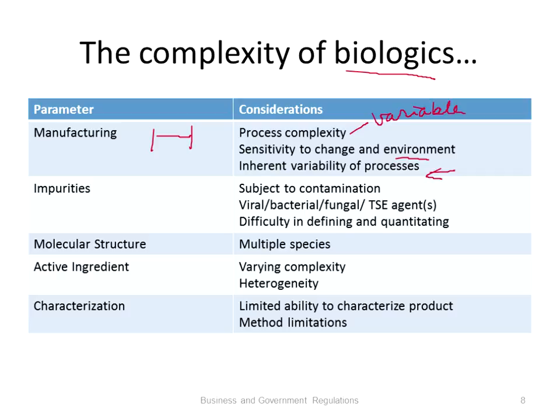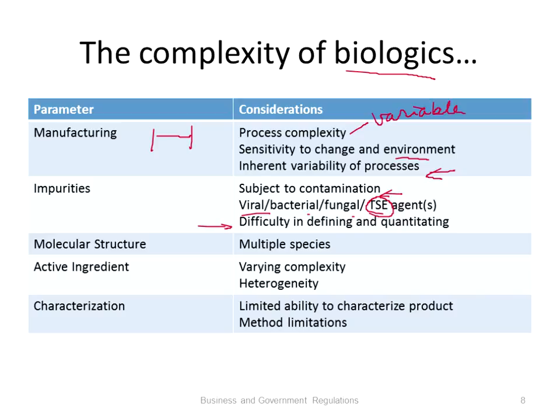Okay, and then there is the possibility of impurities, for example, contamination, and also the raw material may have viral or bacterial or fungal or transmissible spongiform encephalopathy agents, right? So there may be all kinds of impurities, and it is difficult to define and quantitate these impurities.